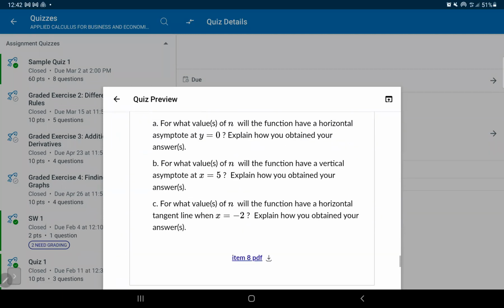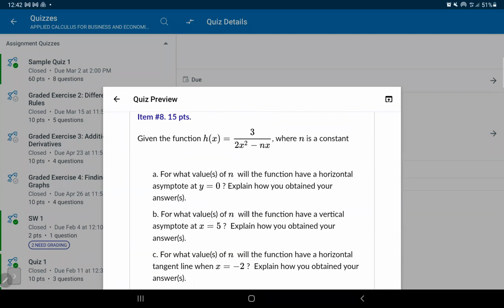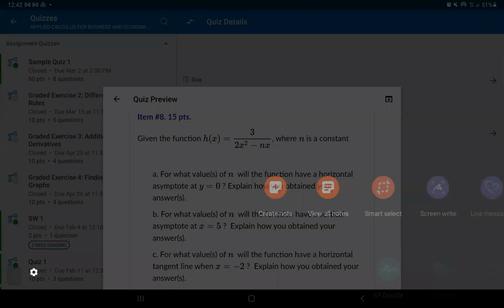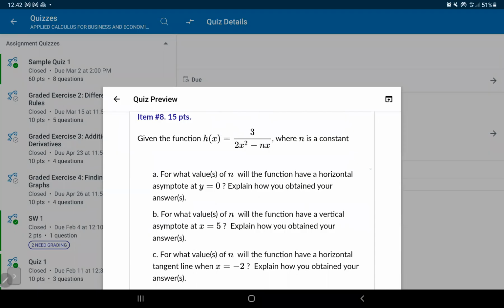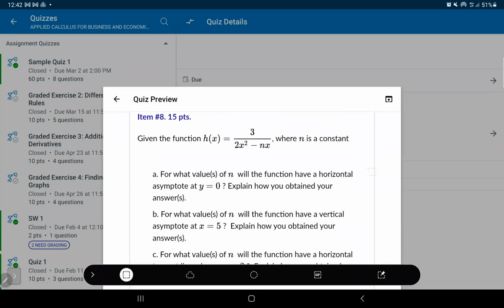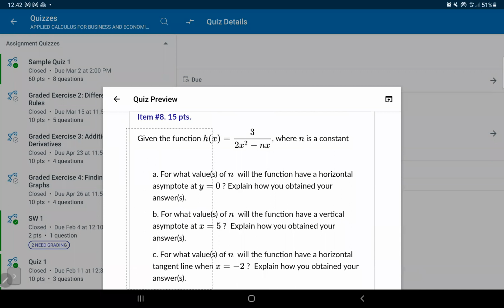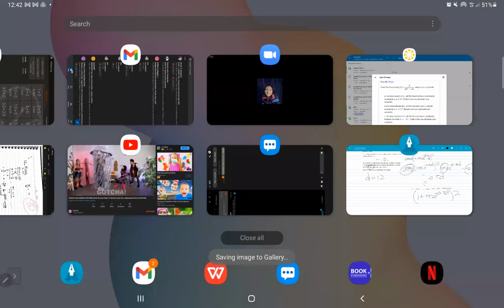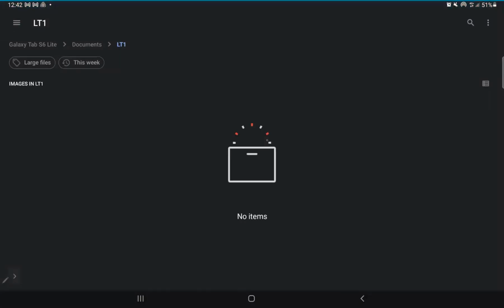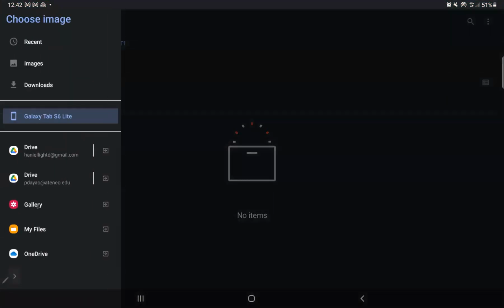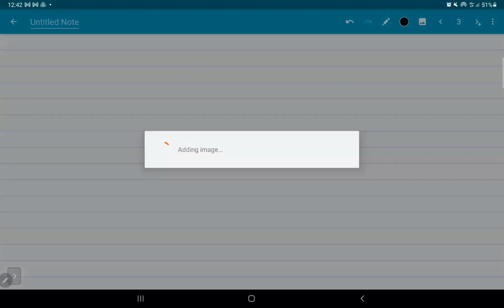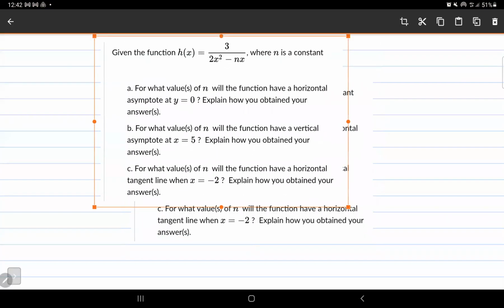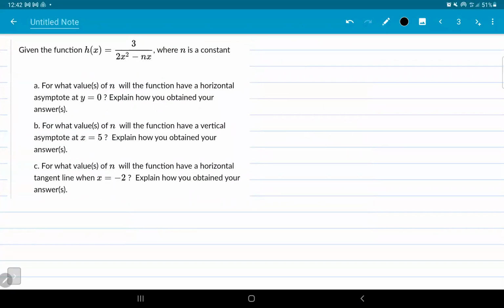Okay, then lastly, number 8. Okay, for letter A muna tayo.